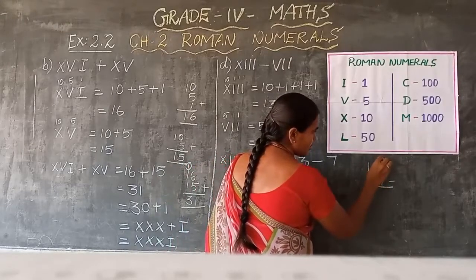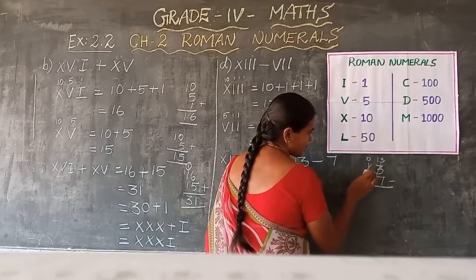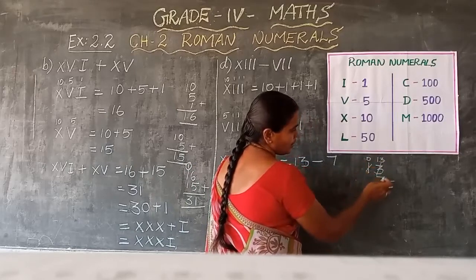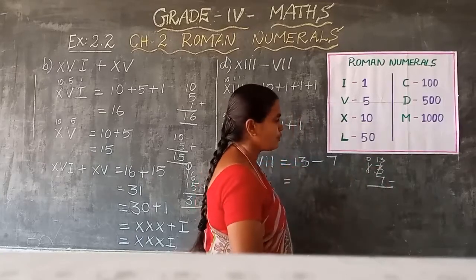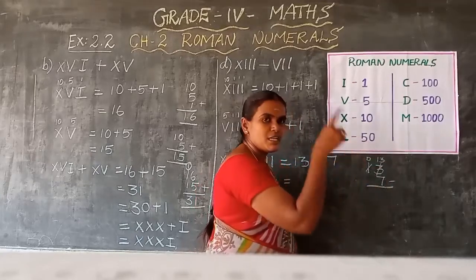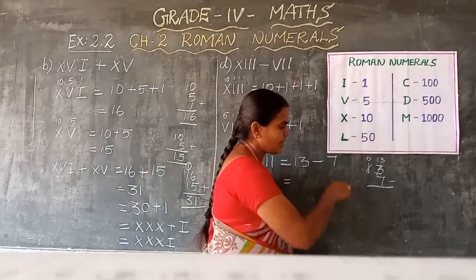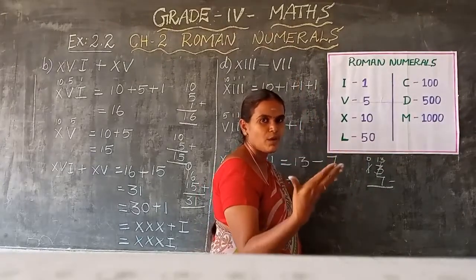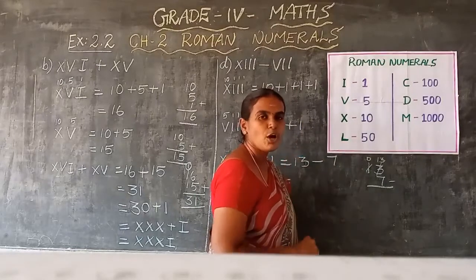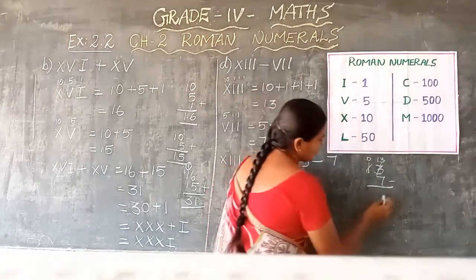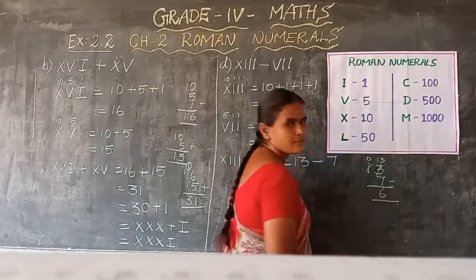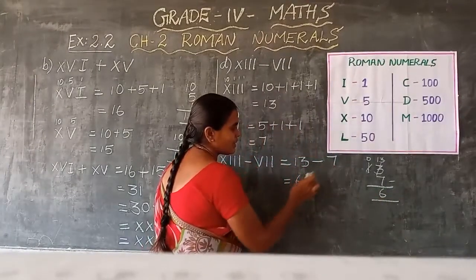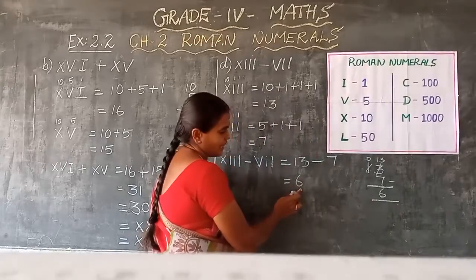This 3 becomes 13; strike out this 1 and write 0, reducing one number. So 13 minus 7. How do we find it? Starting after 7, count 8, 9, 10, 11, 12, 13. How many fingers? 6 fingers. We get answer 6. So 13 minus 7 equals 6.